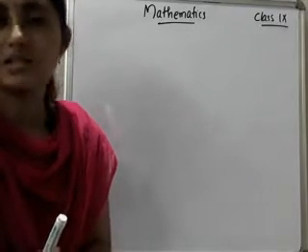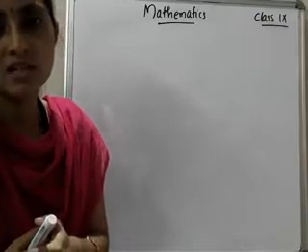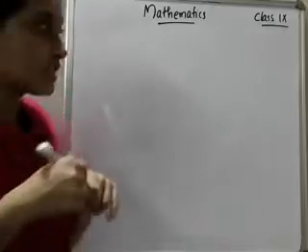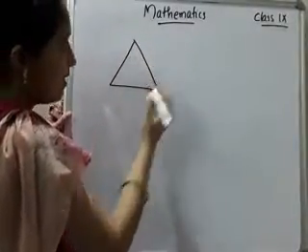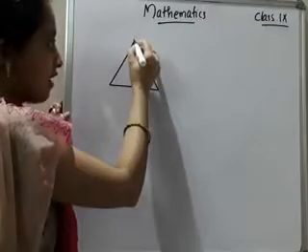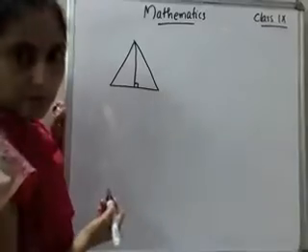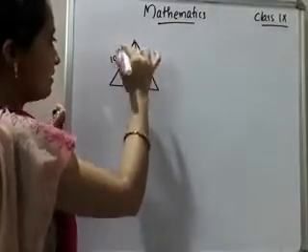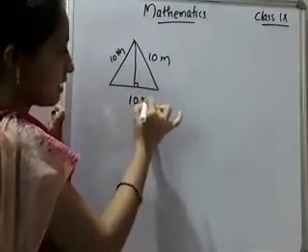Then, if it is an equilateral triangle, how will you find the area? If all sides are equal, first you have to draw the perpendicular. Suppose the sides are 10 meter, 10 meter, 10 meter.